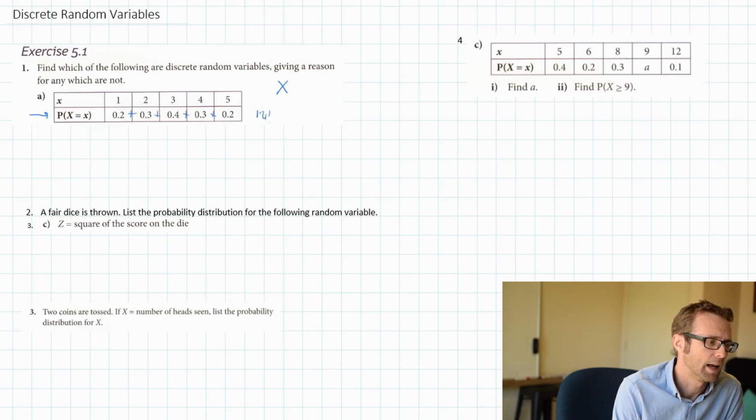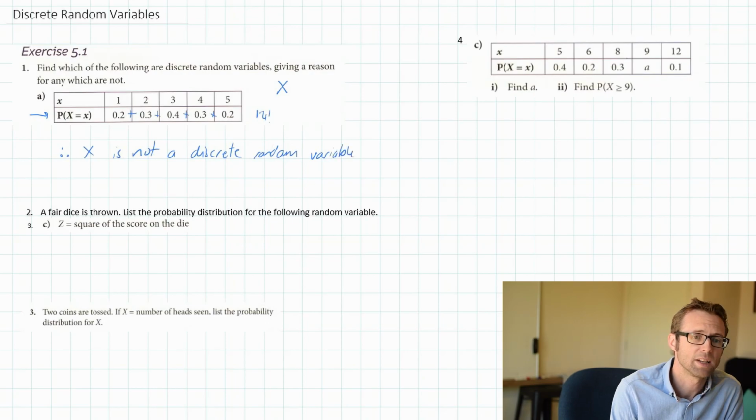Now, we can say, therefore, x is not a discrete random variable, and the reason for that is because the probabilities do not add to 1. So for it to be a discrete random variable, the probabilities of these discrete options must add to 1. So far so easy, right?